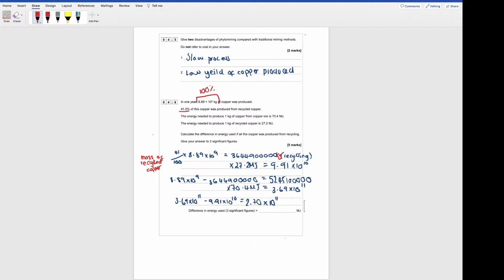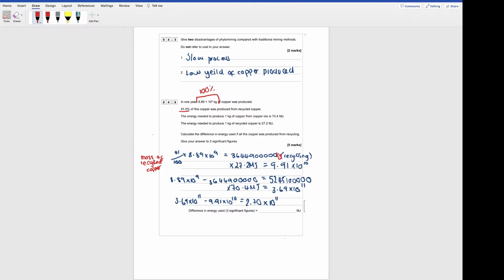Why did I do that? Well, I need to know the difference in energy used if all the copper that was produced was from recycling. So I need to know how much energy was used for recycling alone, how much energy was used to produce the mined copper, and the difference, that will be the difference in energy.